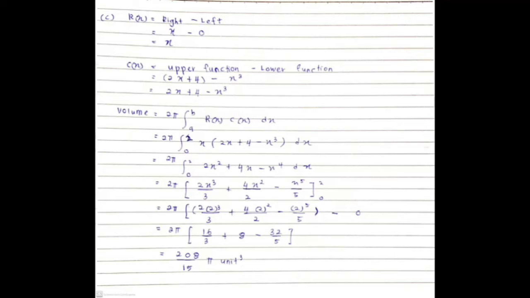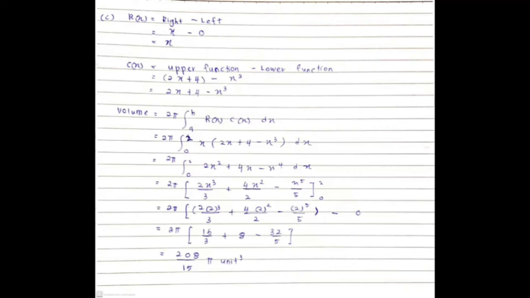we must remember that the cross-section is parallel to the line of revolution. When it is a vertical line of revolution, we must use values of x. Since the region is on the right hand side of the line of revolution, we can assume that the shaded region is x.